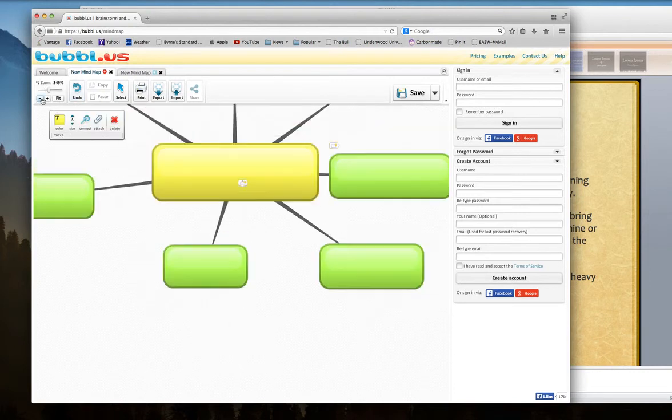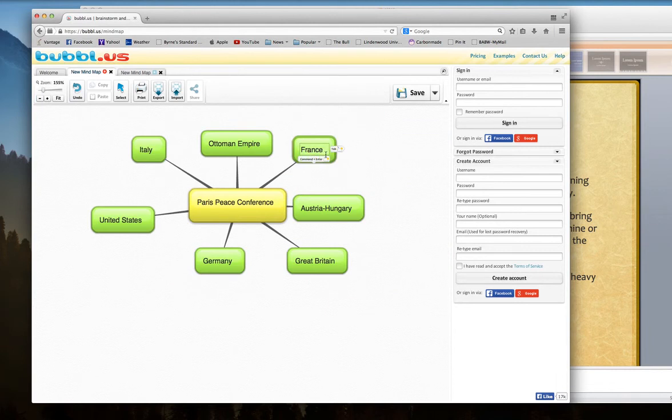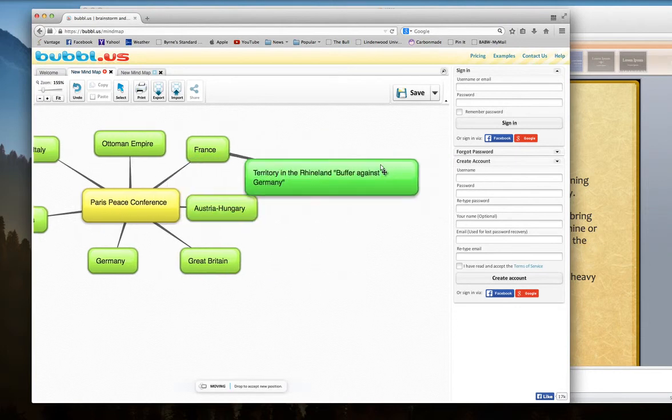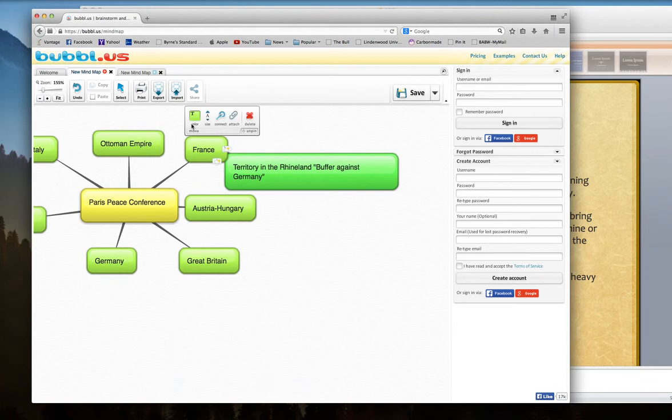So first what we'll do is take a look at France. And they wanted, let's see, what did he want? They wanted territory in the Rhineland. And we'll just put that in parentheses as buffer against Germany. And we'll just move that right over here. And let's see, what's another one they want?